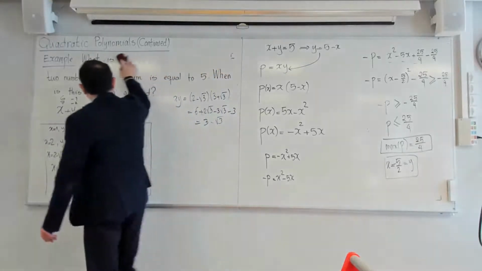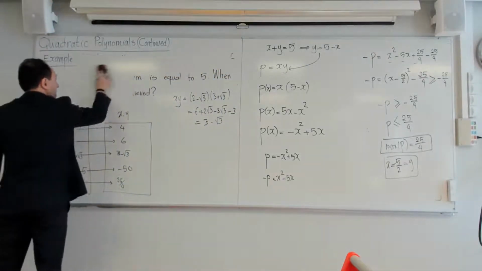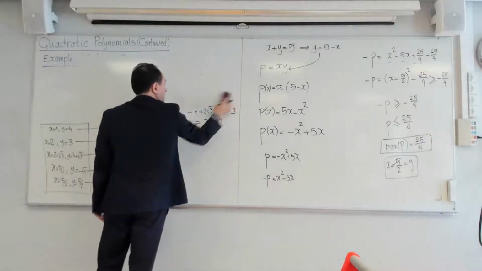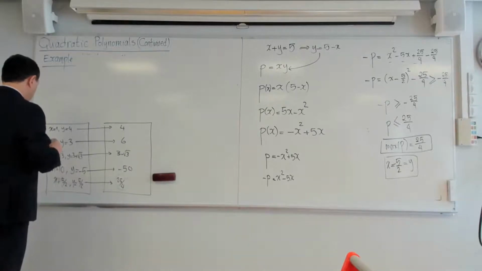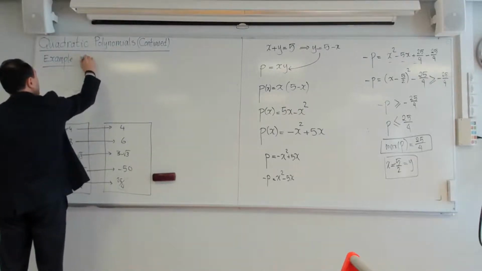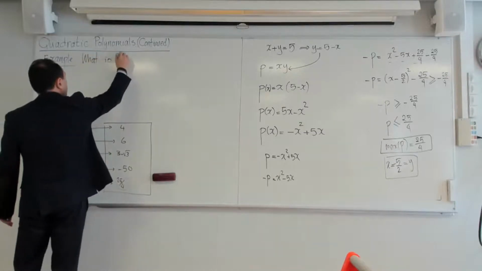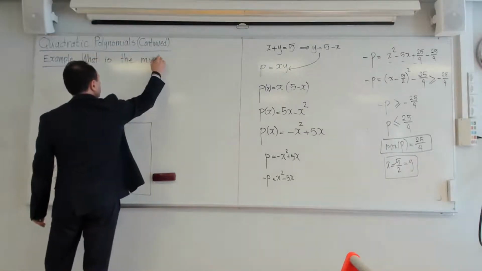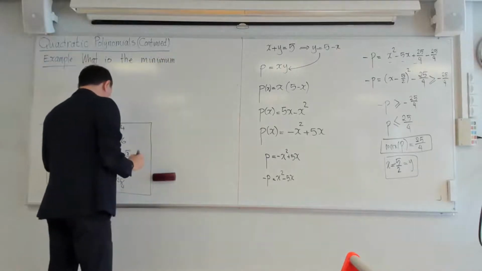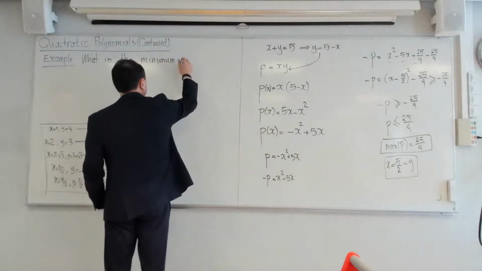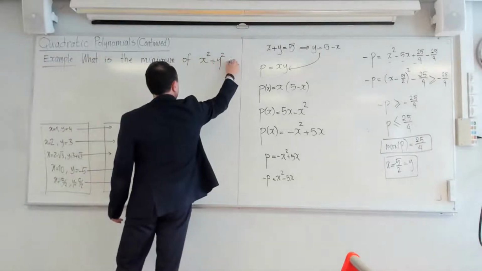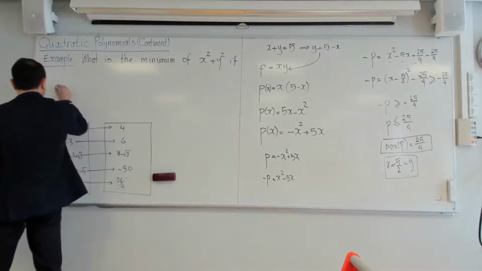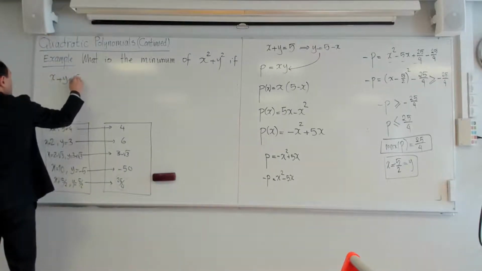Let me clean this. What is the minimum of, let me write it simply, x squared plus y squared if x plus y is equal to 6?